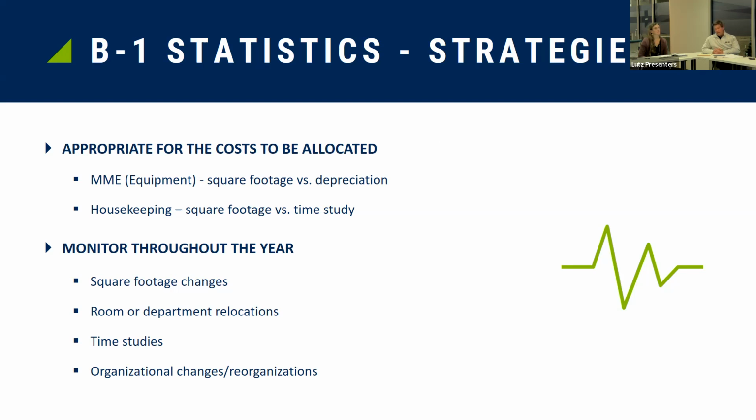Radiology might not be a high square footage area, perhaps, but if you have high dollar equipment, MRI machines, all your radiology equipment, your X-ray machines, et cetera, that's one example of those sorts of things. But you want to make sure that you are tracking things appropriately and in a manner that is advantageous to you. Housekeeping, are you using square footage versus a time study?